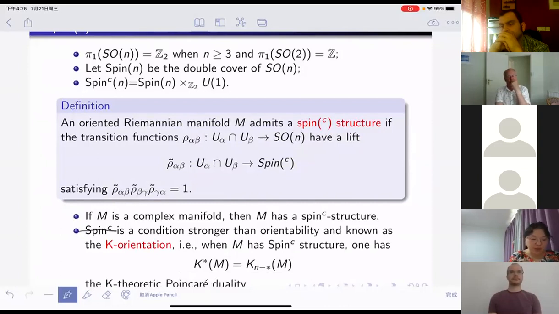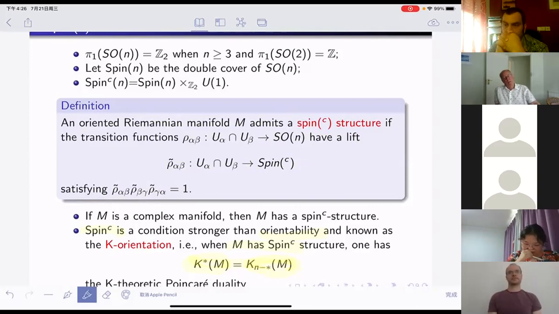Actually, the spin^c condition is a little bit stronger than orientability, and it is known as K-orientation, which means that if a Riemannian manifold has spin^c structure, then one has the so-called K-theoretic Poincaré duality. That is, there is an isomorphism between the K-theory group of the manifold and the dual theory group, which is known as the K-homology.